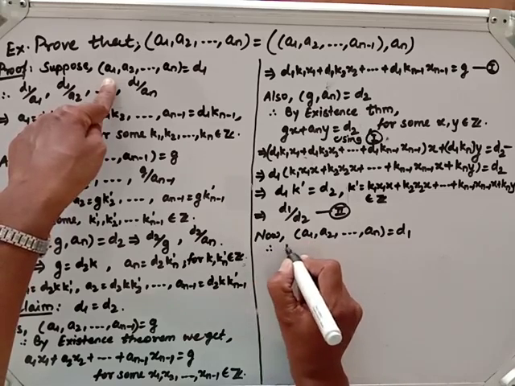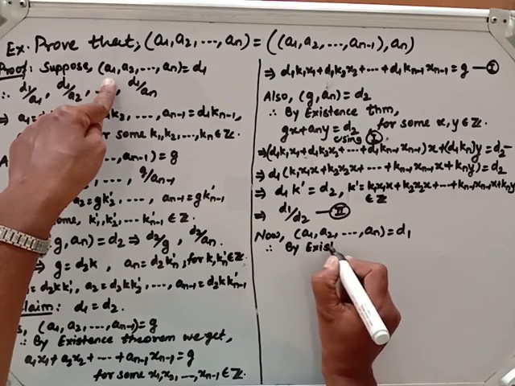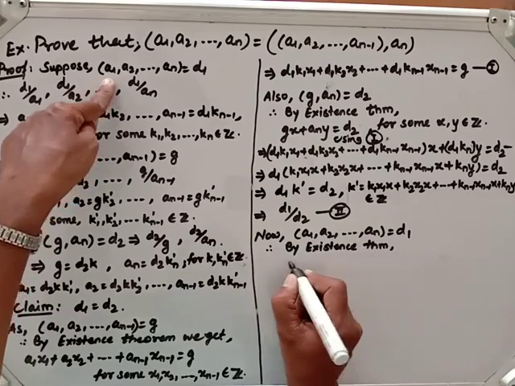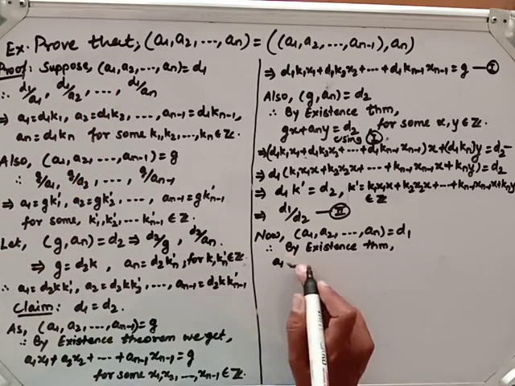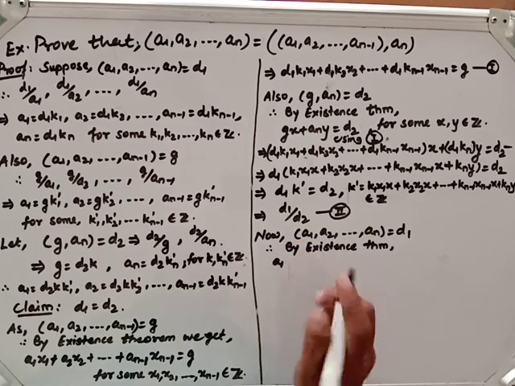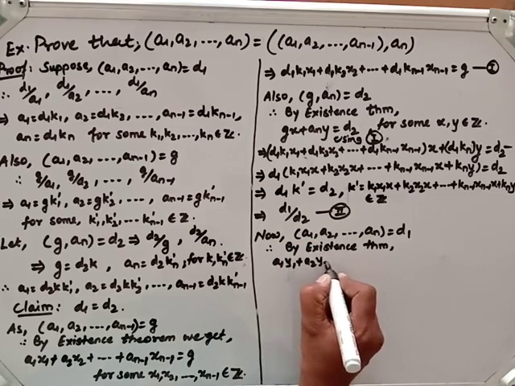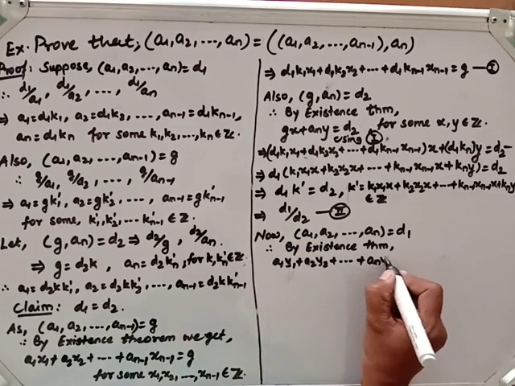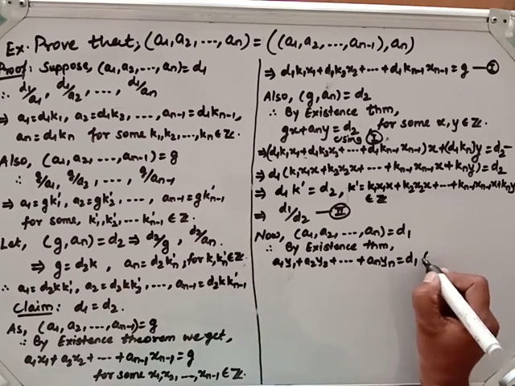So by the existence theorem, we get, suppose, a1 y1 plus a2 y2 plus so on up to an yn equal to d1.